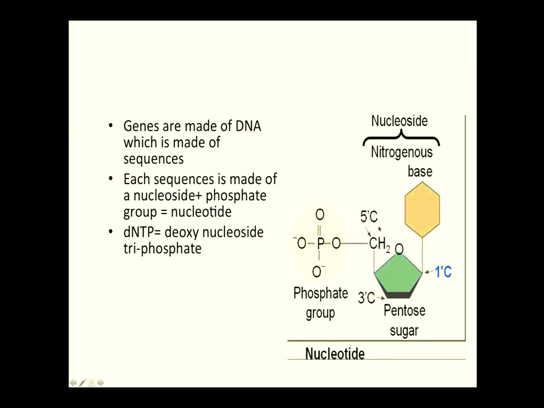The 5' carbon is attached to a phosphate, and the 3' carbon is attached to an OH, and these two are important for polymerization when nucleotides are added to elongate the strand. Any questions about this general structure?